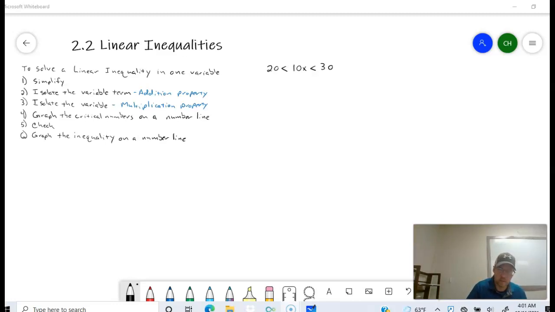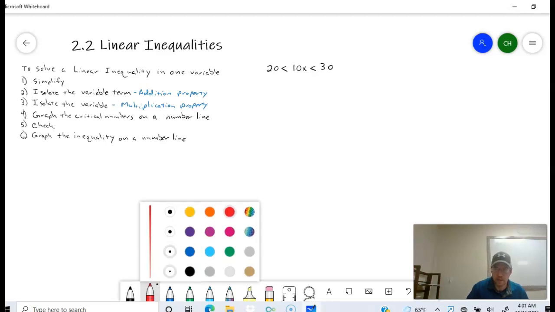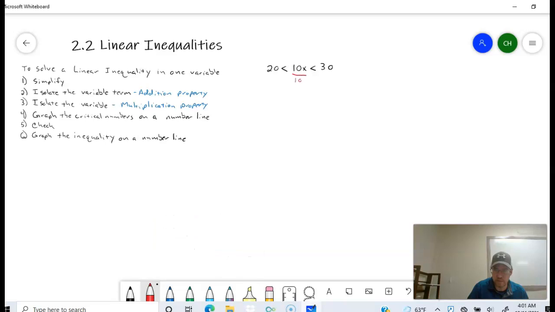So I have 20 is less than 10x, which is less than 30. I'm going to go ahead and solve for x on the inequality. So I need to divide all 3 of them. I'm going to divide the x term, the variable term, by 10.